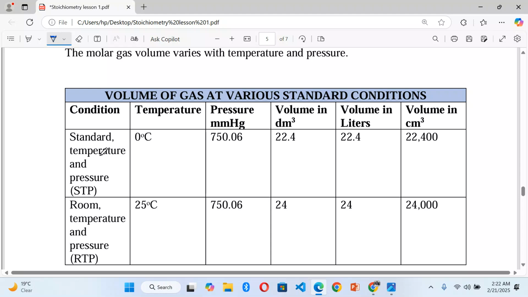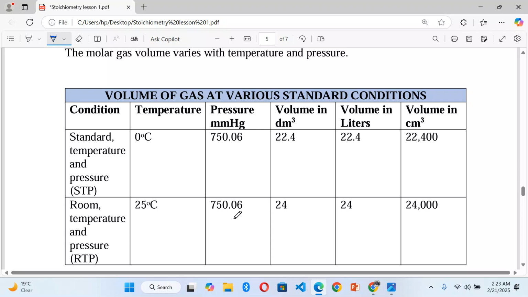The standard temperature and pressure, which you call STP, has a temperature of 0 degrees Celsius and a pressure of 750.06 millimeters of mercury. Then we also have room temperature and pressure, RTP. Its temperature is 25 degrees Celsius and pressure 750.06 millimeters of mercury.